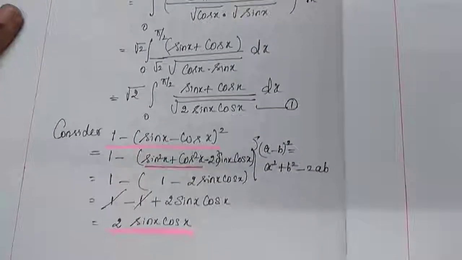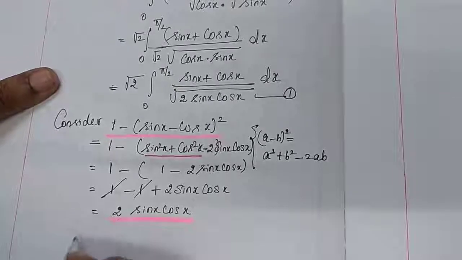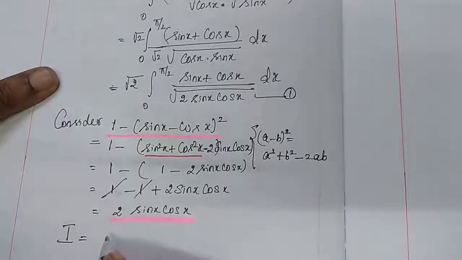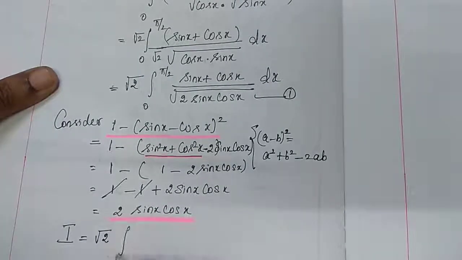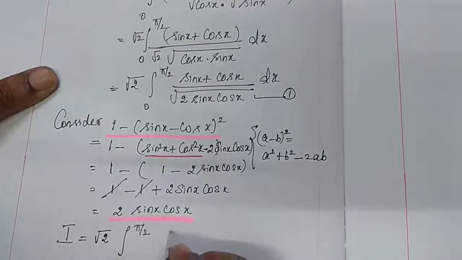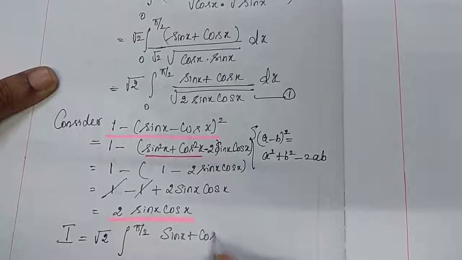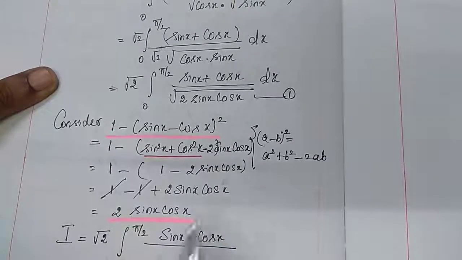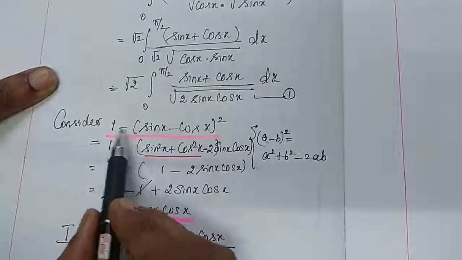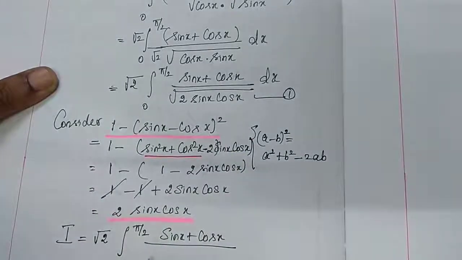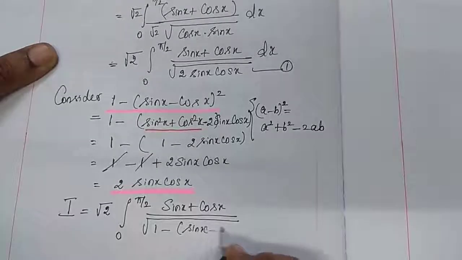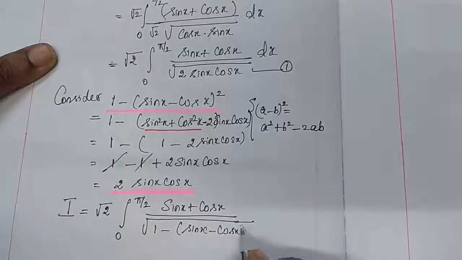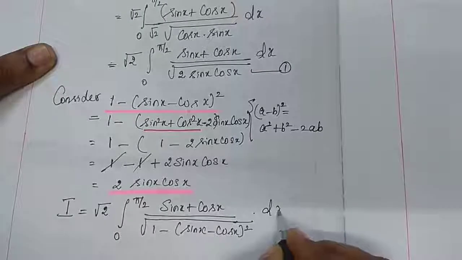Our integral I becomes: I is equal to root 2 outside the integral, and write as it is, the integral from 0 to pi by 2 of sin x plus cos x, divided by, for that term we substitute, root of 1 minus (sin x minus cos x) the whole square, into dx.